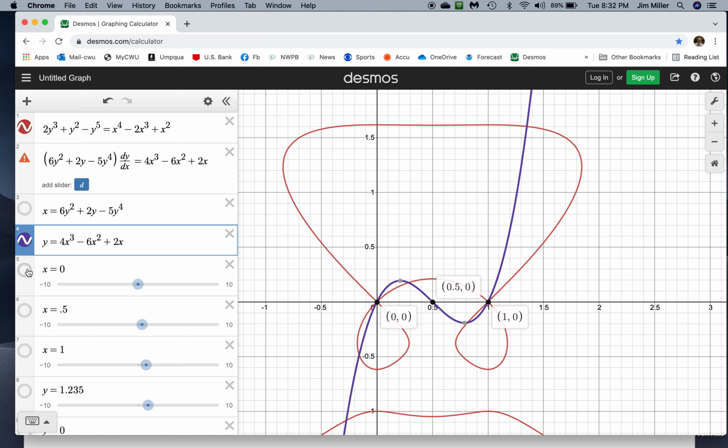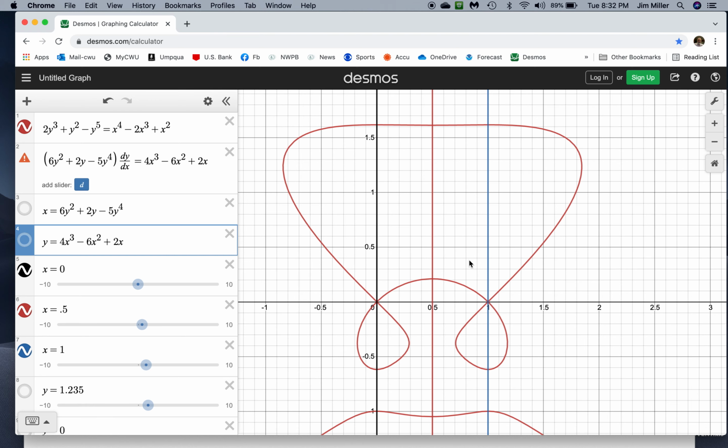So I wrote x equals 0, and there's that line, the y-axis, x equals a half, and x equals 1. I'm going to turn off that graph now, and now I have where the slope is going to be 0: there, there, there, there, at that point, that point, that point, and that point.